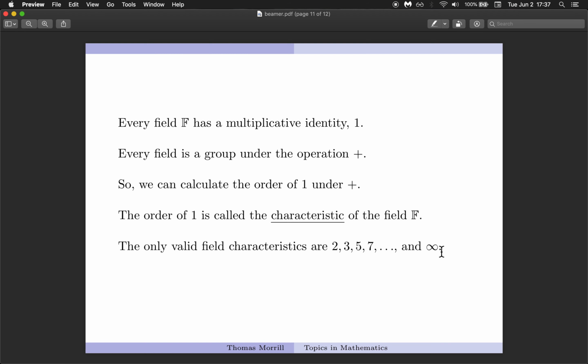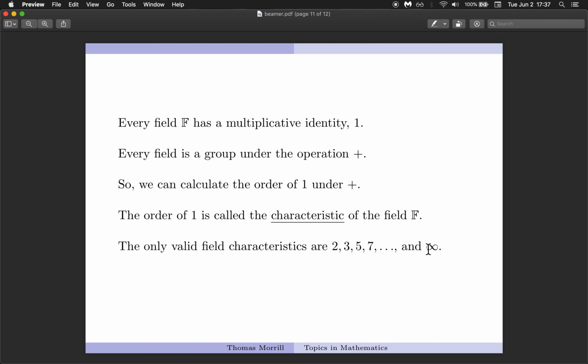And we also said that if no number of copies of the element 1 gets us back to 0, then 1 must have infinite order. So fields can have infinite characteristic as well, right? So these wouldn't be finite fields.